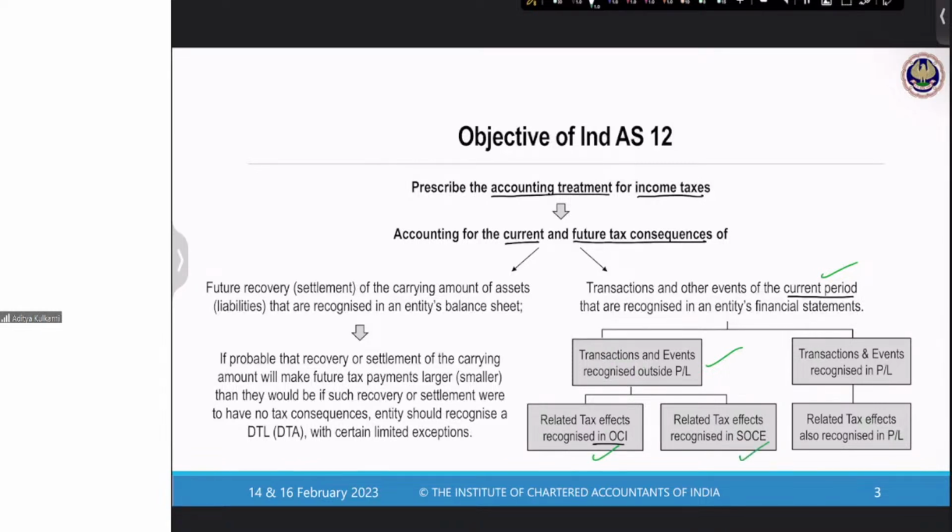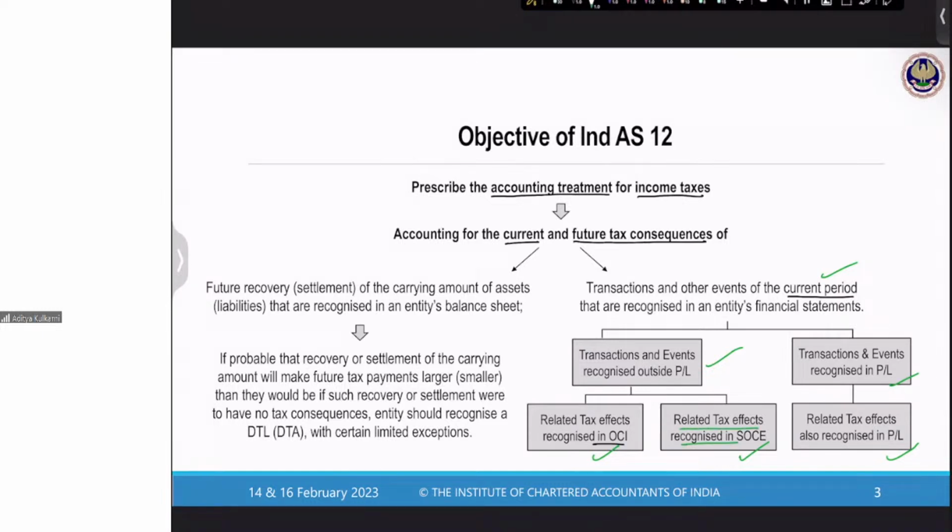If the impact has gone in equity, the related tax impacts go in equity. If the events and transactions are in P&L, the related tax impacts also will be recognized in P&L. So in this instant case, that 1,51,000, where did it go?